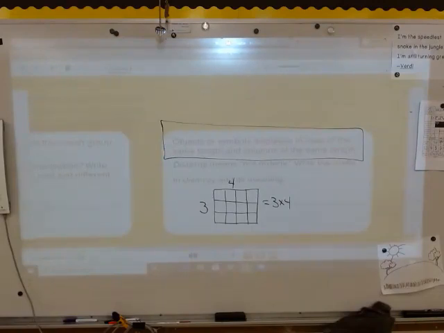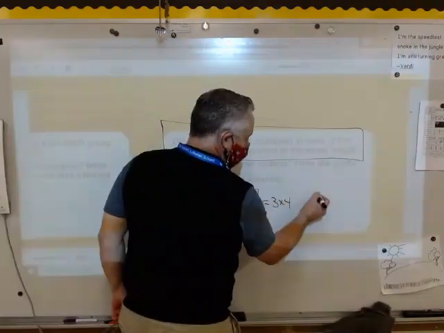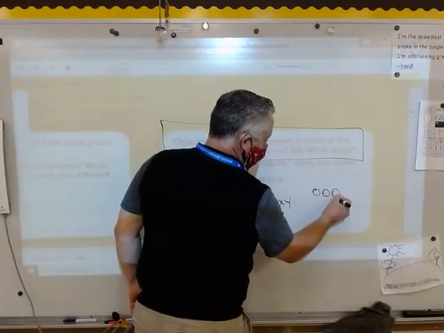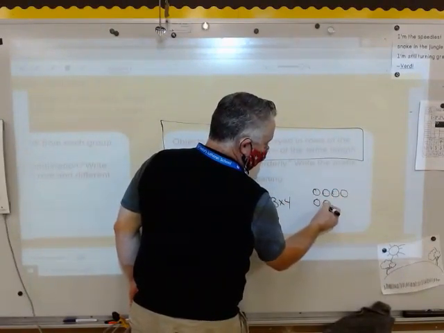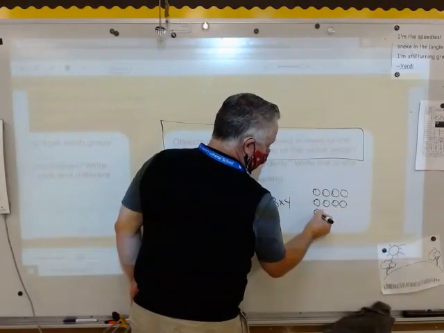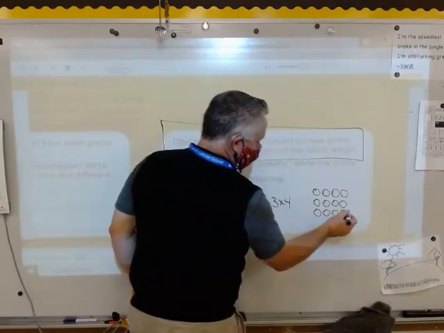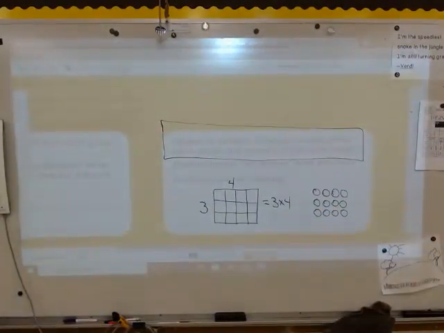It doesn't have to be a box though. I could also do this. I could just do objects. And that would be the same thing. 3 times 4. 3 down the side, 4 across the top. So go ahead and make a picture of an array like that on yours too.